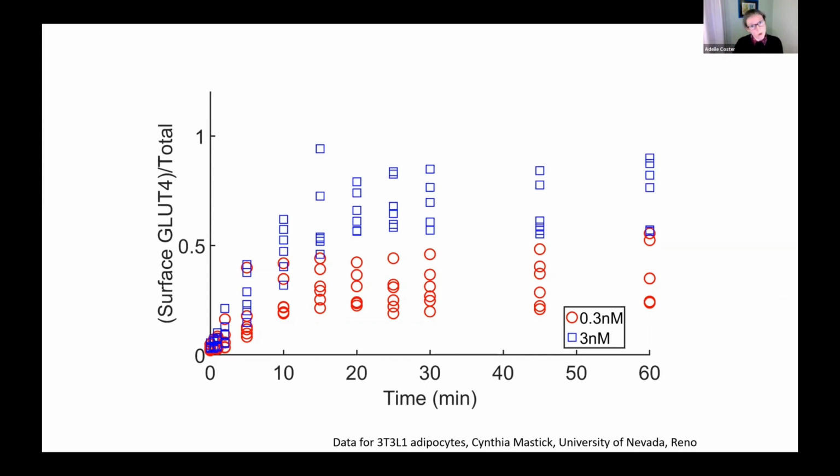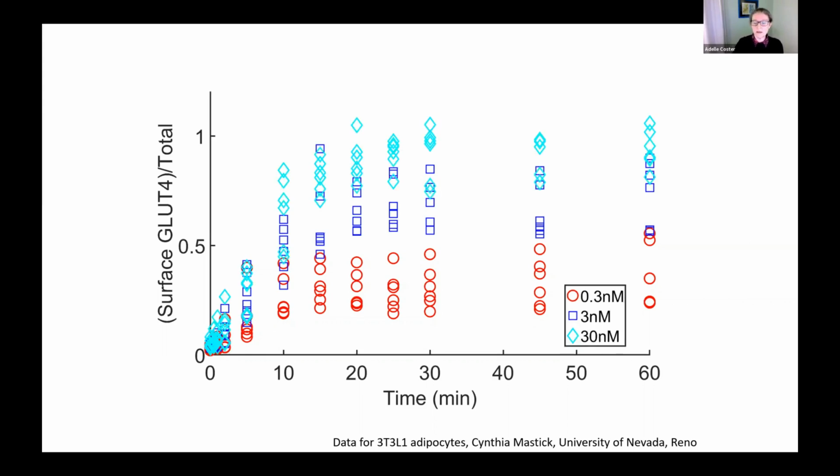If you add more insulin, so this is for 3 nanomolar, you get more GLUT4 on the surface. And you keep on increasing it, you get more on the surface and more, although 30 nanomolar and 100 nanomolar are pretty much the same thing in terms of the long time response, because they're well over any maximum level you'd see in physiology.